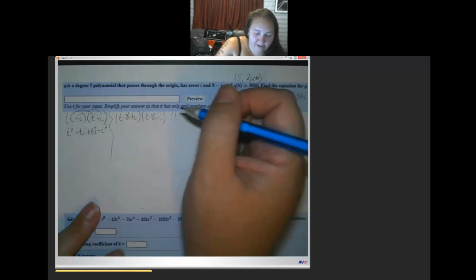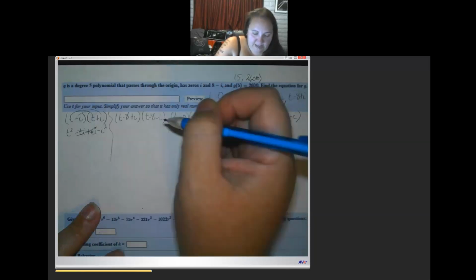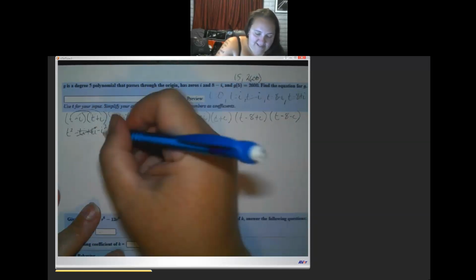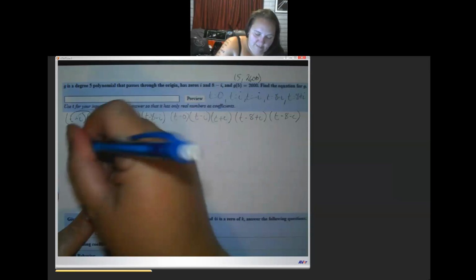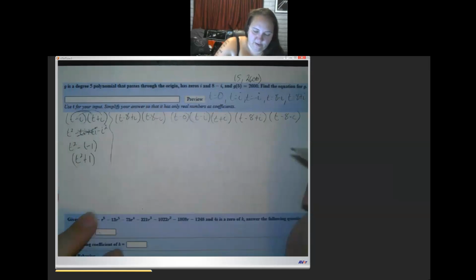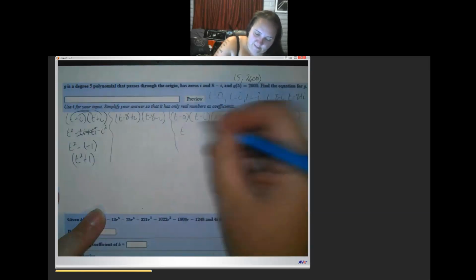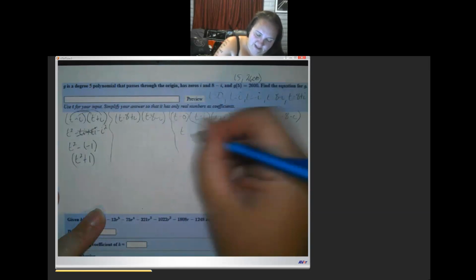But in the middle, a minus ti and a plus ti cancel. And remember we said i squared is negative 1. So I have t squared minus negative 1. So this is t squared plus 1. So over here, I have just a t. These two, when I multiplied them together, gave me t squared plus 1.